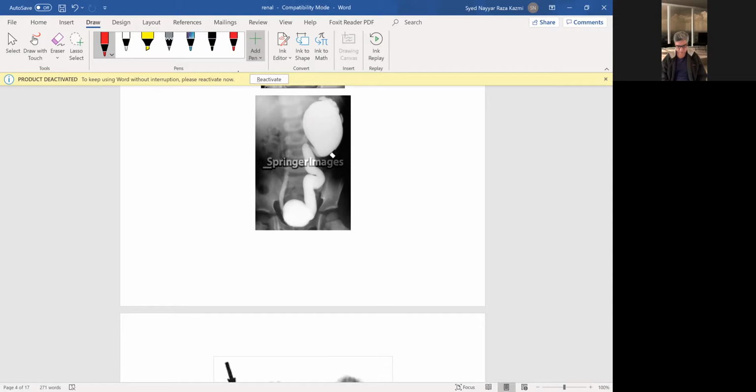Because either the insertion of the lower ureter is not in a proper position, or sometimes if it is bilateral, then it can be caused by posterior urethral valve as well, especially if the child is a male. But in this case, it is unilateral, so you can see a very dilated left-sided ureter, and you can also see that the pelvic calyceal system is dilated, okay, and that can lead to scarring.